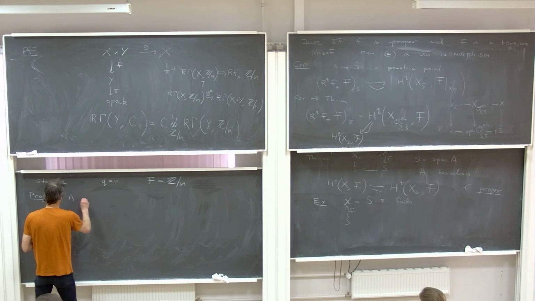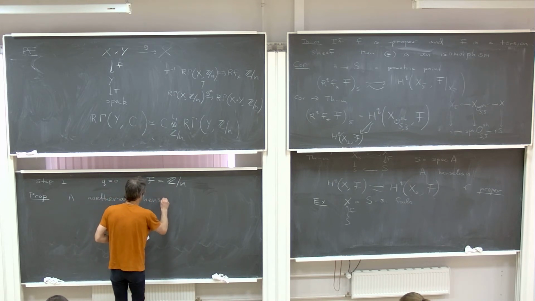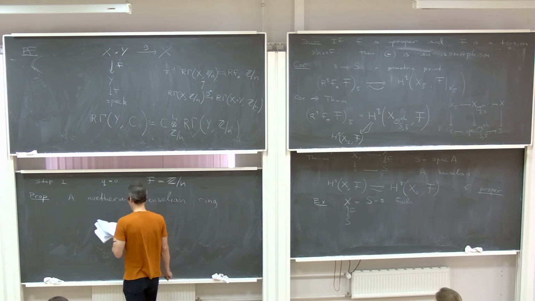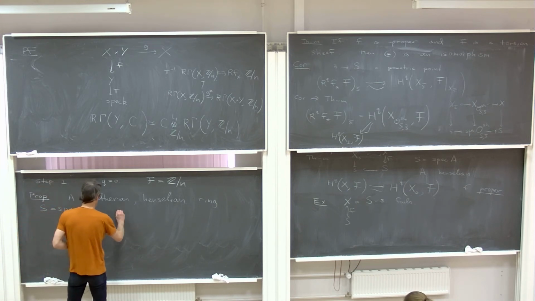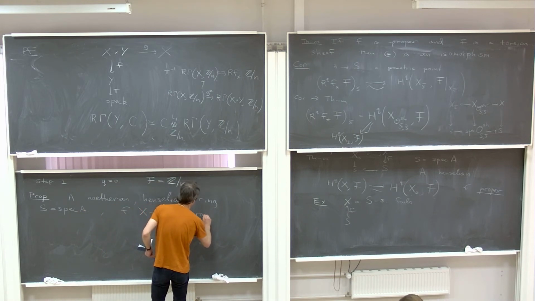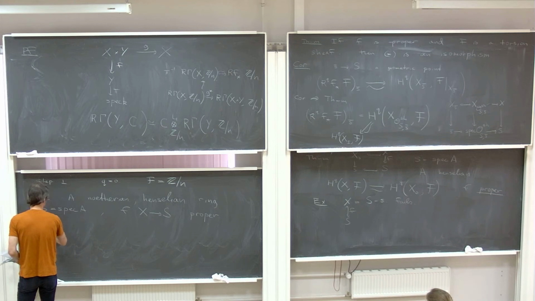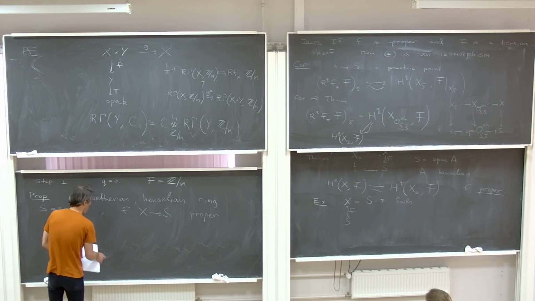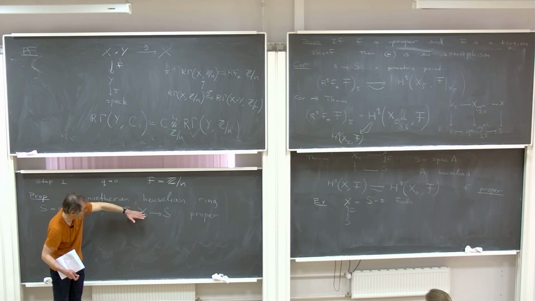Let A be a Noetherian Henselian ring, S is Spec A, and we have a proper map from X to S. The claim is that this map induces, between the special fiber and the generic fiber, a comparison of zero homology with Z coefficients.